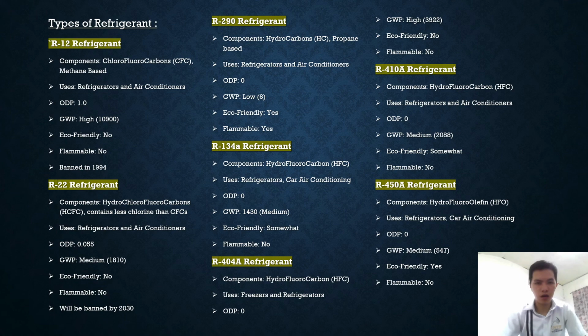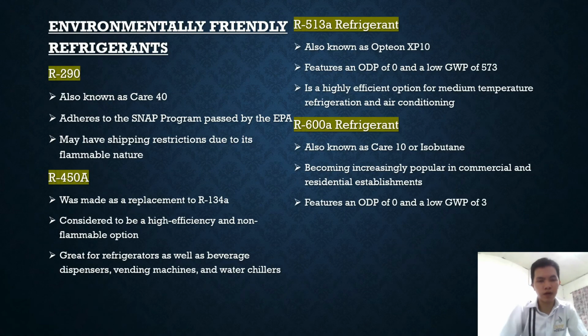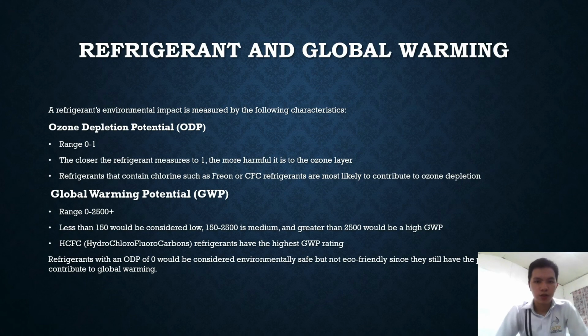There are also other types of refrigerant that are environmentally friendly, like the R290, R450A, R513A, and R600A. So refrigerant has a great effect on global warming. That's why some types of refrigerant have been banned by law.